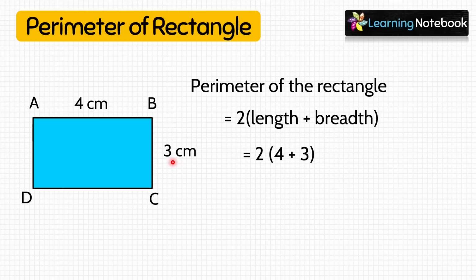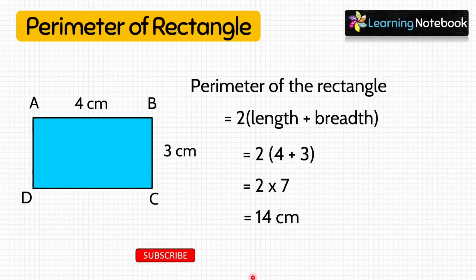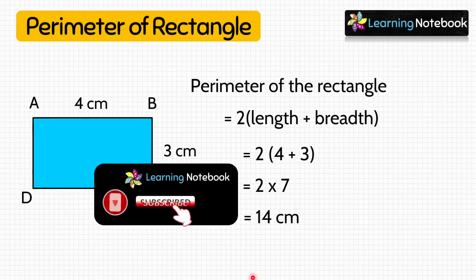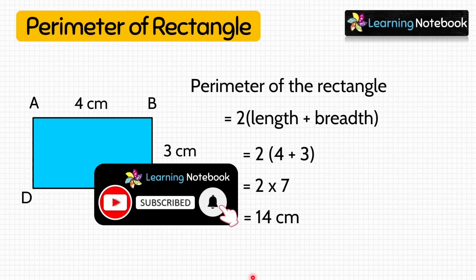So we will write 2 into 4 plus 3. 4 plus 3 equal to 7 and 2 into 7 equal to 14. So perimeter of this rectangle is 14 centimeter.